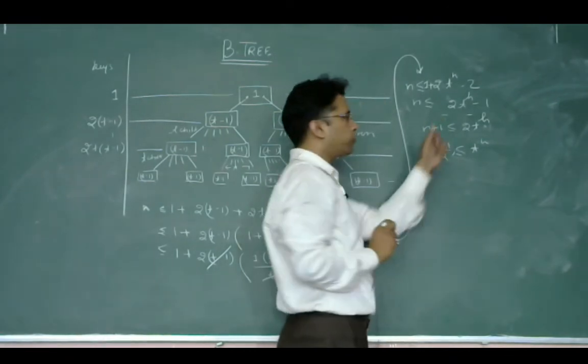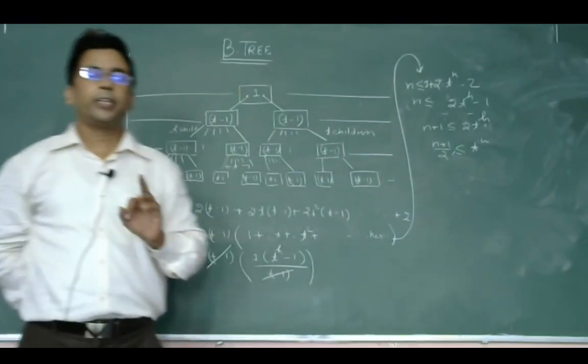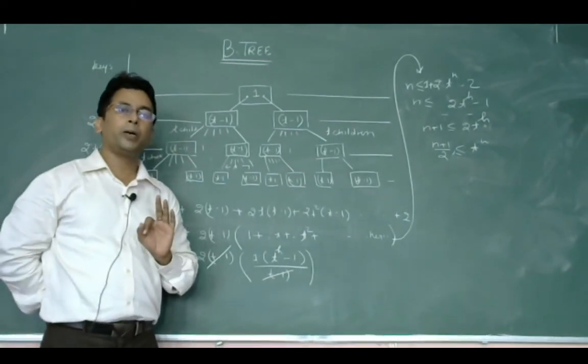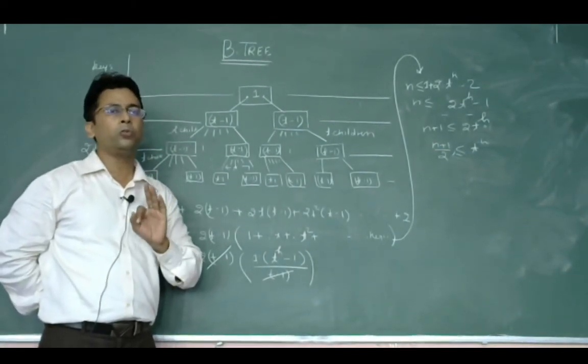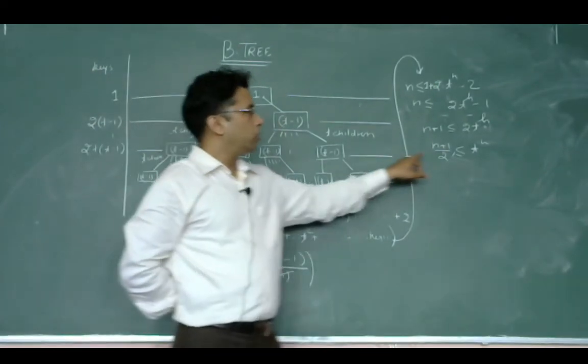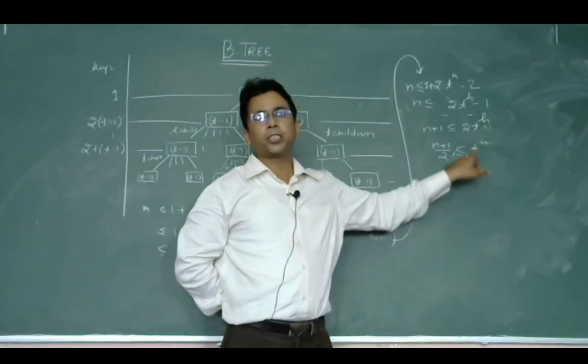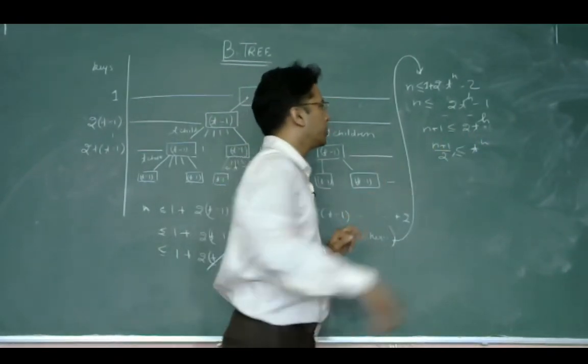Taking the log base t. Here one point is important, that we are taking the log, but the base is not 10 or 2, it is base t. We are taking a log base t to cancel out this and to get that expression h on the right hand side.